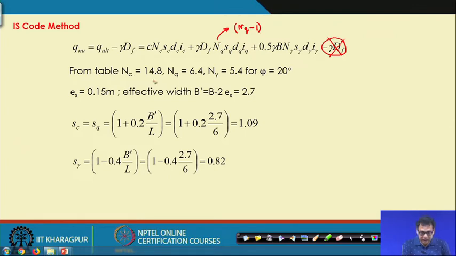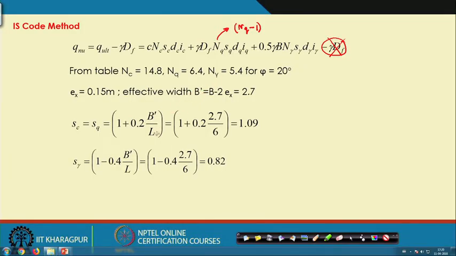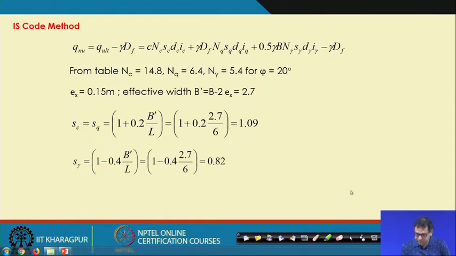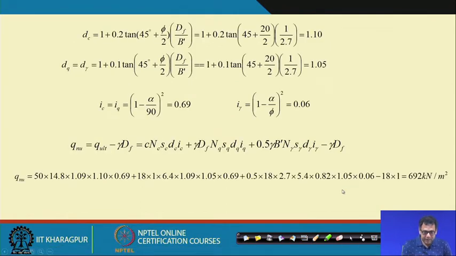About this IS code, Nc, Nq, N gamma are the basic factors. That means we will take Nc and Nq from Meyerhof's table and N gamma from the basic table, and then we will use the effective dimension. In all the cases I have to use the effective dimension for the shape factor, depth factor and inclination factor.